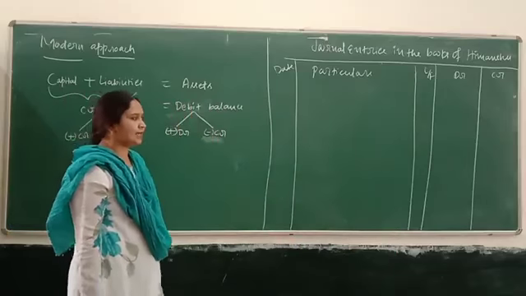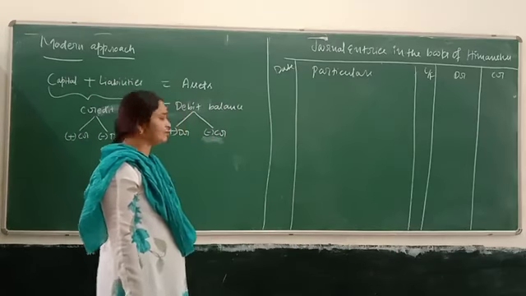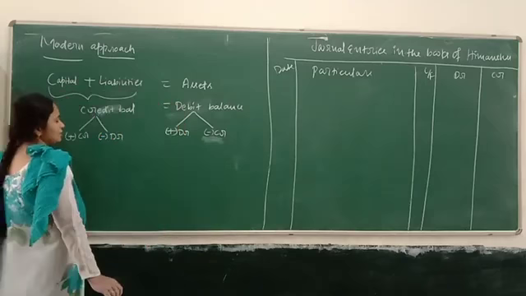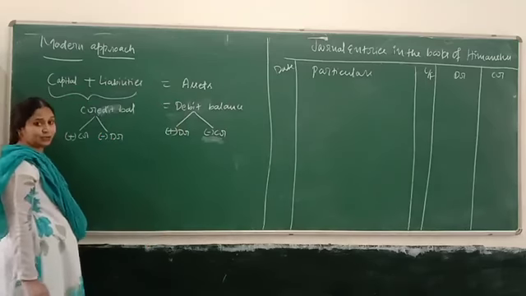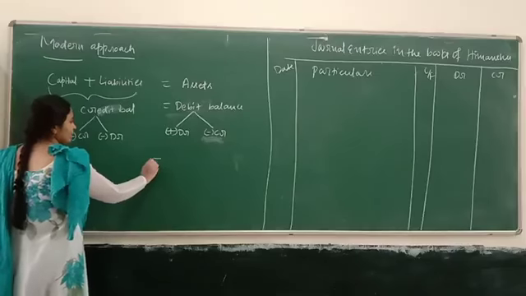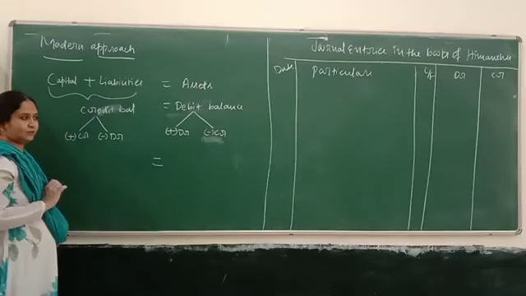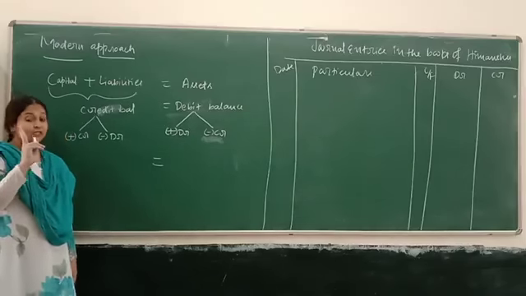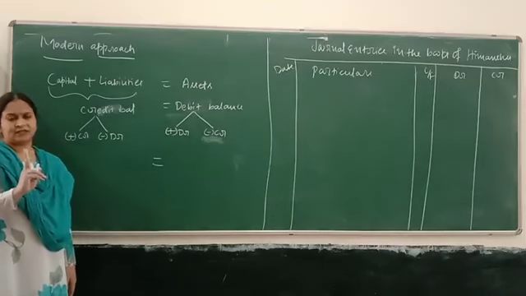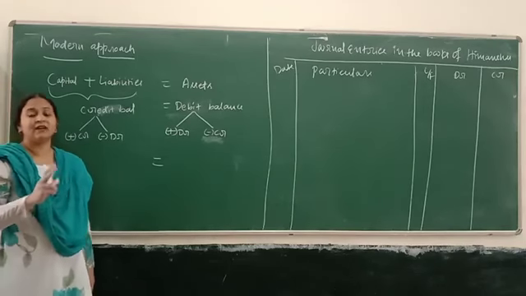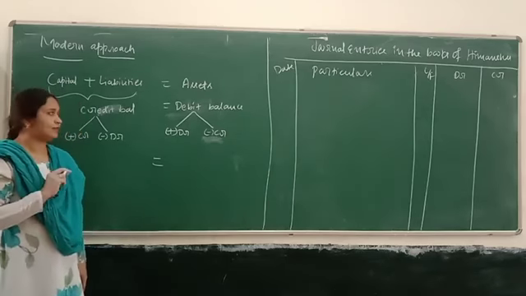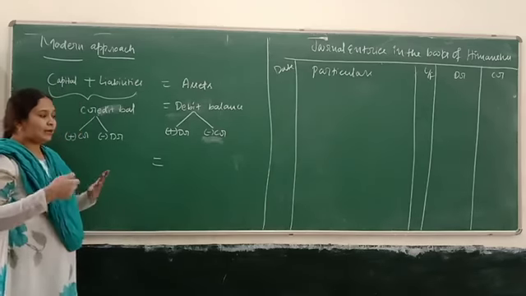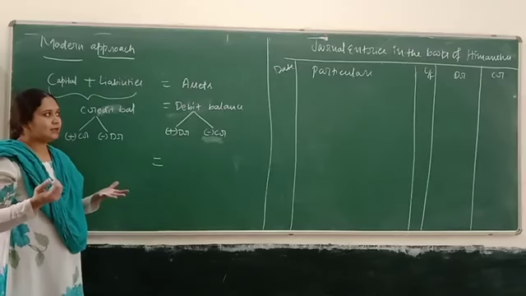Ramesh started business with cash rupees 50,000. Due to this transaction, as I told, each and every transaction will have two effects. Take up any transaction, it will have dual effect. Here Ramesh has started business.